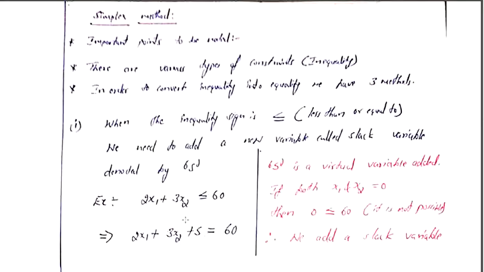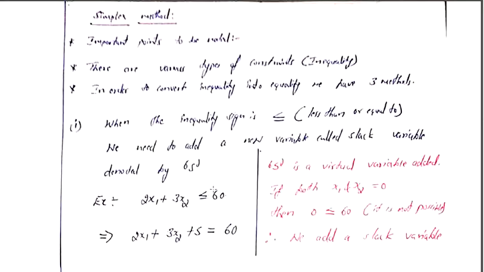Why do we need to add a slack variable, or virtual variable, to convert this into an equality? In the constraint, 60 is the total amount of resources, which may be the resources present in storage, or the capacity of the plant.